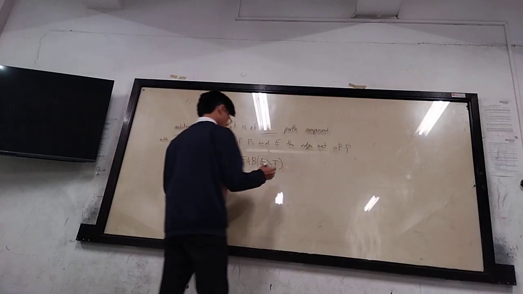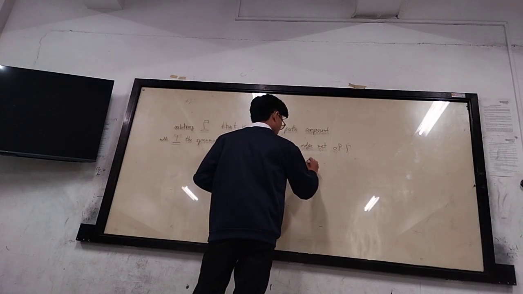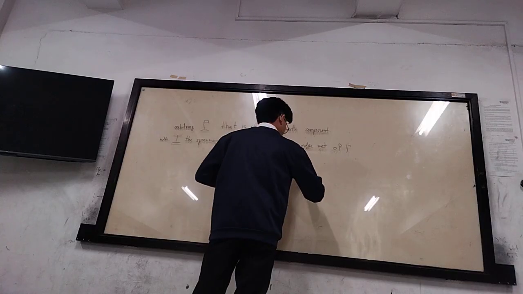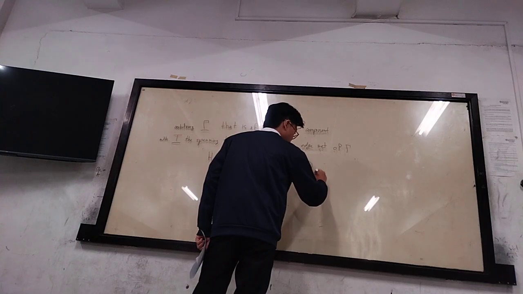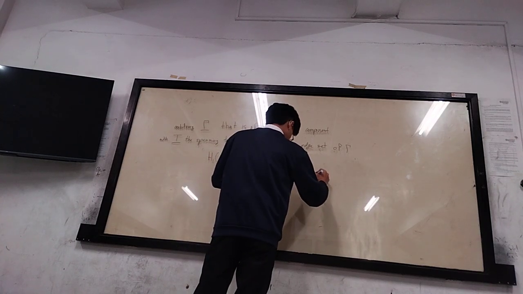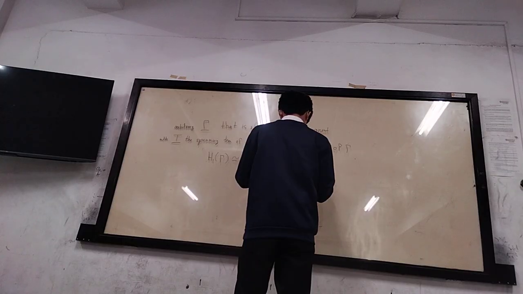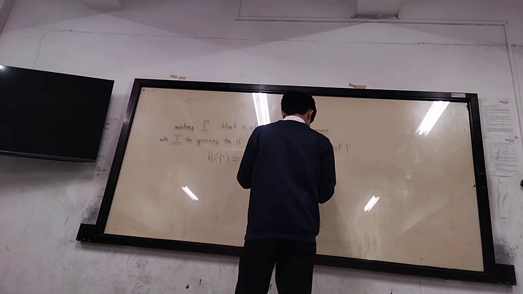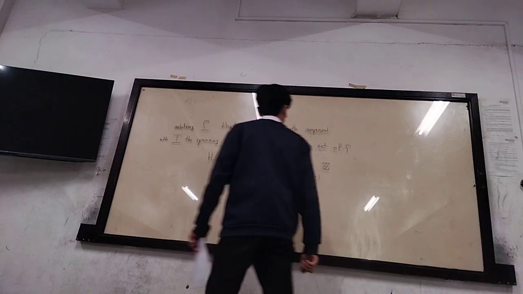And this is isomorphic to the direct sum over the elements in my edge set minus the elements in my vertex set plus 1.